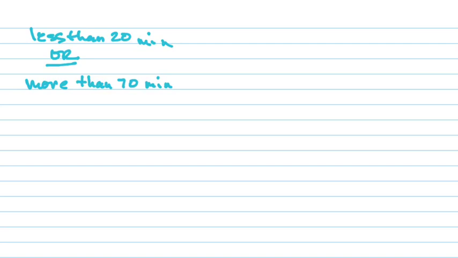Something can't be less than and more than at the same time. So you would put the probability that X is less than 20 and the probability that X is greater than 70. It's two distinct probabilities, right?